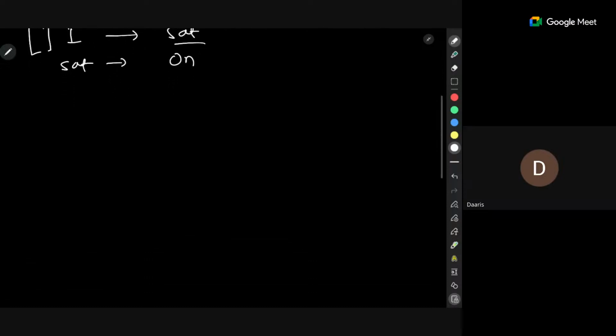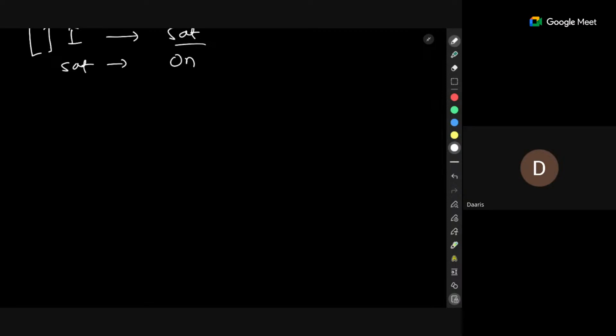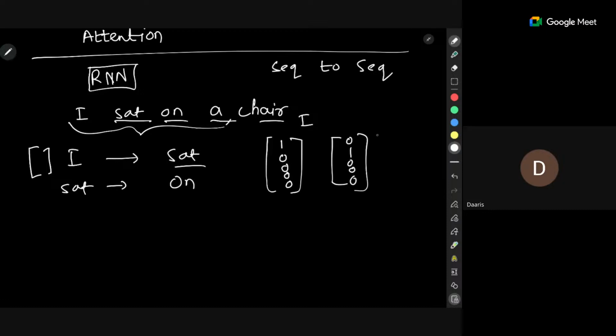So first see what is the architecture of RNN. Okay, so let's say these five words are there, and I do one hot encoding with them. So 10000, you can say that is I, and then 01000 is another one, sat, and so on, right?